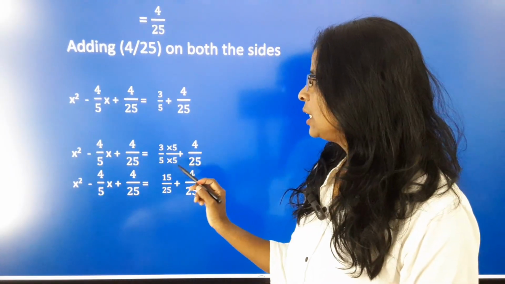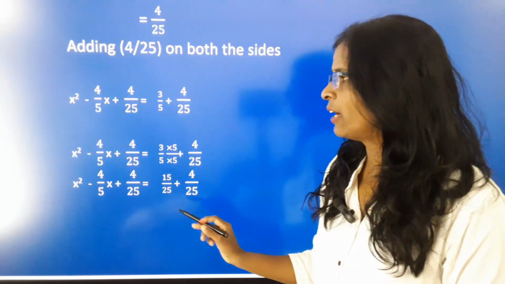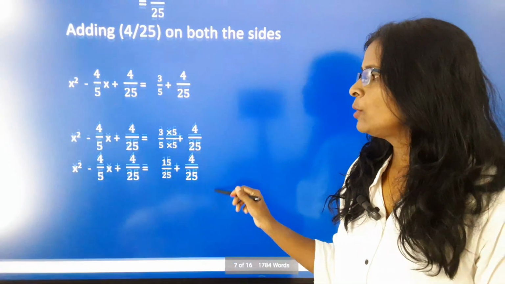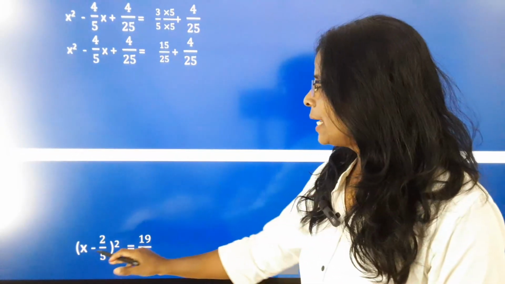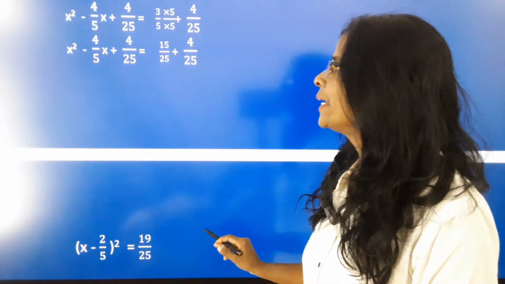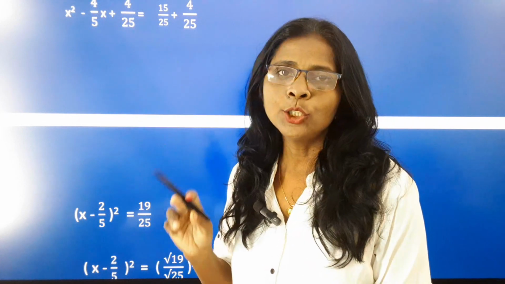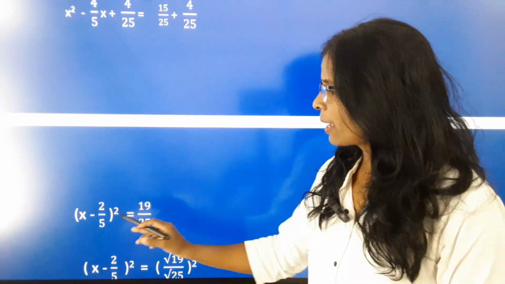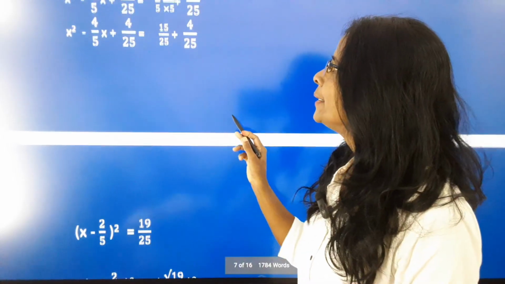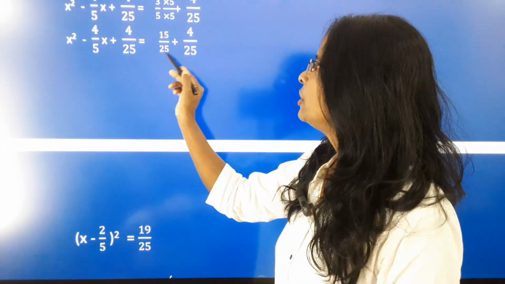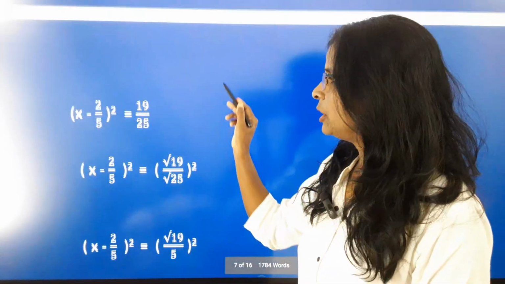The left side is the expansion of x minus 2 upon 5 whole bracket square. On the right-hand side, 15 upon 25 plus 4 upon 25 is equal to 19 upon 25.